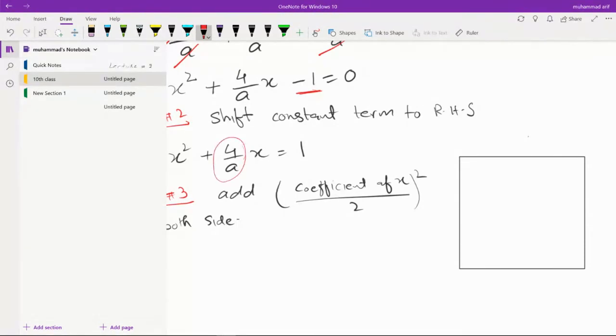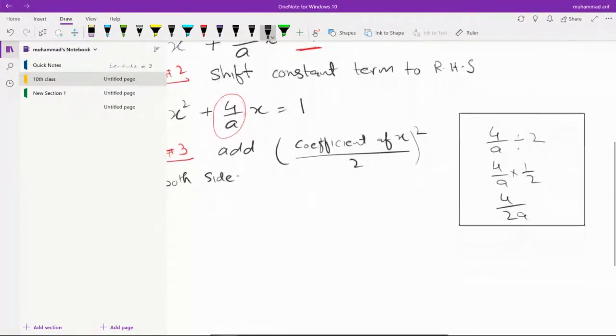Coefficient of x means here we have 4 by a. 4 by a divided by 2 means 4 by a multiplied by 1 by 2, 4 by 2a.